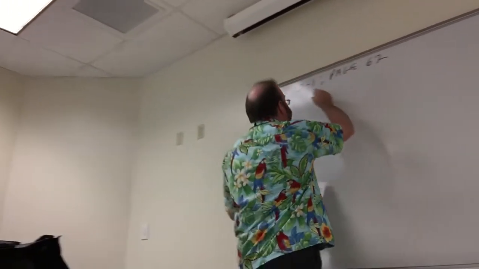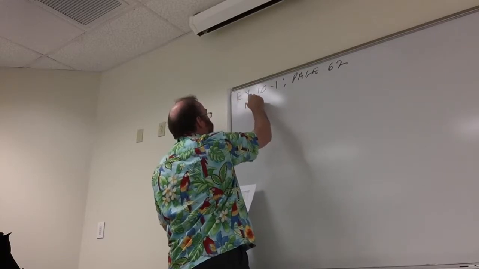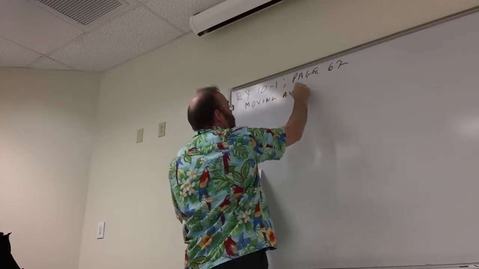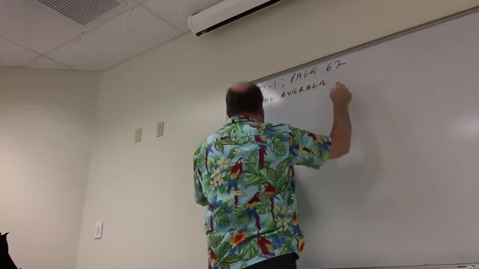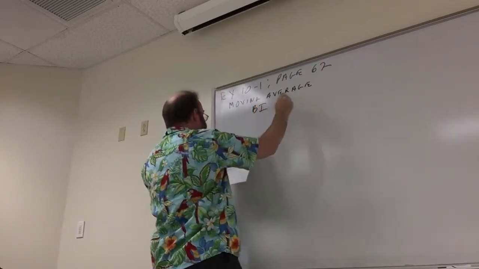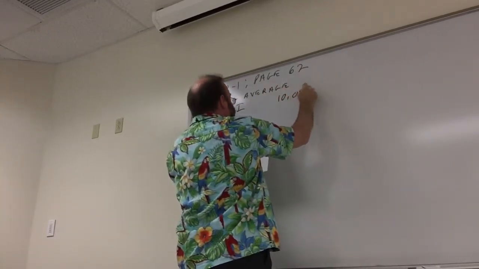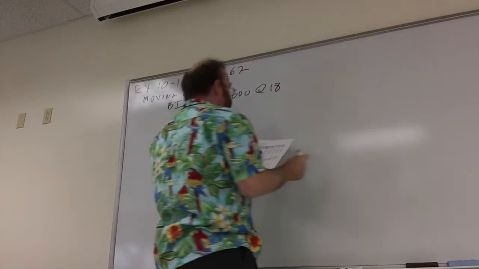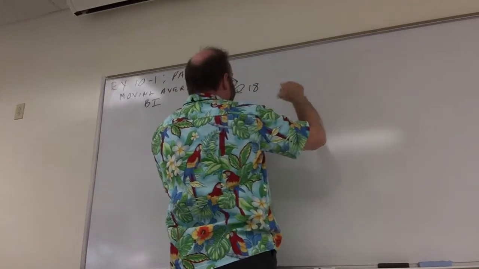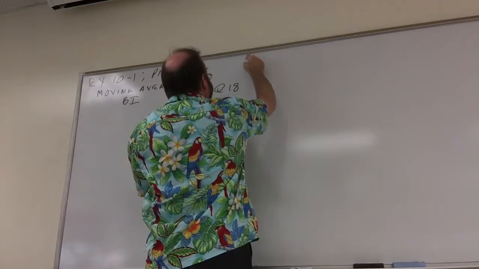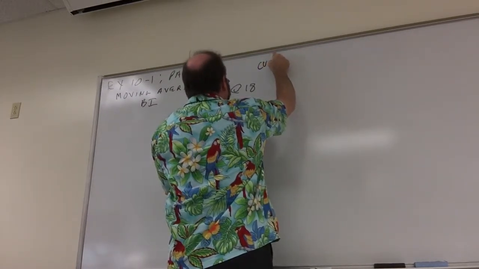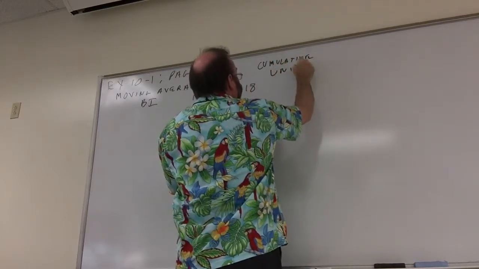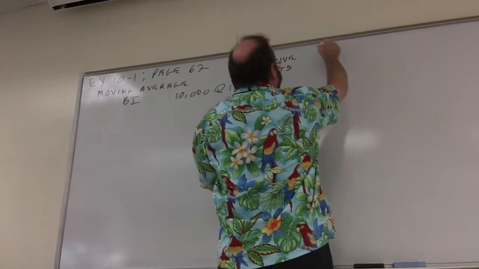So you have beginning inventory. So this is moving average. We have beginning inventory of 10,000 units that cost $18 a piece. All right? So what we're going to do is keep track of cumulative units as well as cumulative cost.